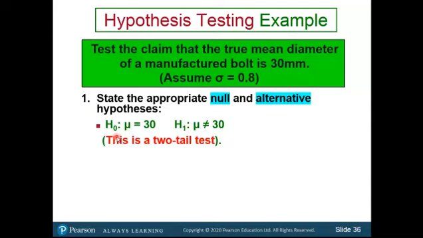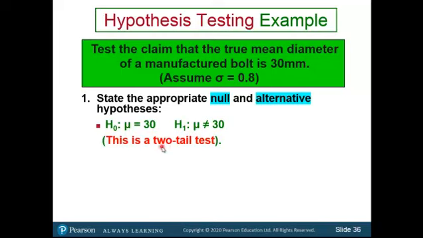So we write null hypothesis as mu equal to 30 because from the problem statement there is a claim that the true mean diameter of a manufactured bulb is 30 mm. So we write our null hypothesis as mu equal to 30 and alternative hypothesis as mu not equal to 30.